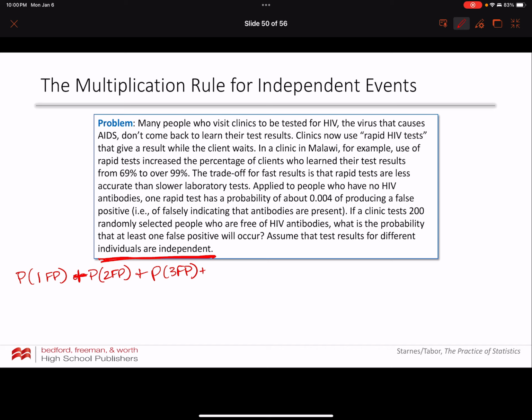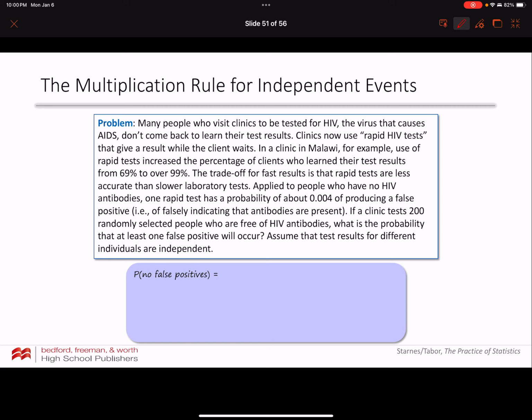So if I want the probability that at least one false positive will occur, I can figure out, well, what's the probability that no false positives occur? And then I can do 1 minus that. So keep that in mind. That's our goal. So the probability for no false positives would be, in other words, that all 200 tests were negative, right?